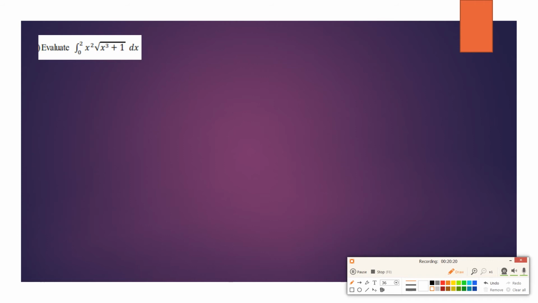Okay, so paano ba natin isosolve yan? Actually, two functions yan, no? X squared and square root of x cubed plus 1. Para hindi kayo malito, let's change it from radical to exponential. Pwede kasing gawin x cubed plus 1 raised to 1/2.